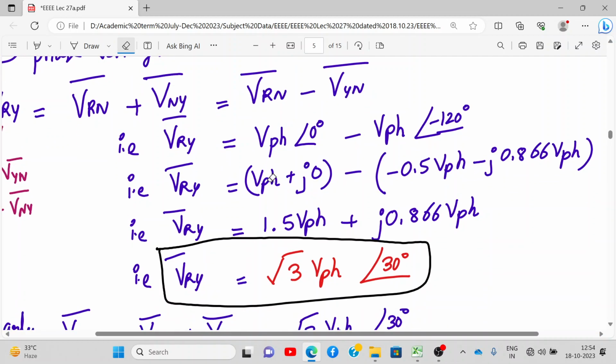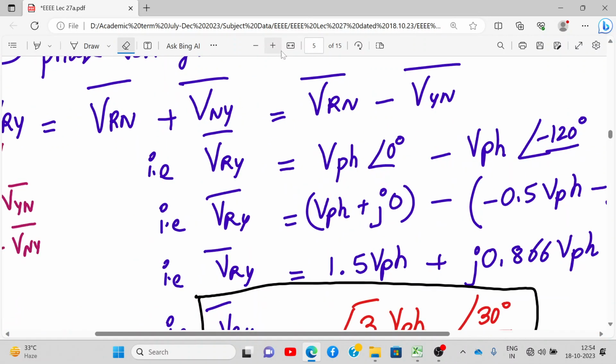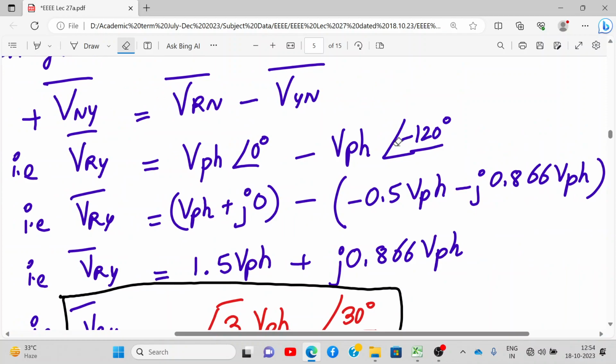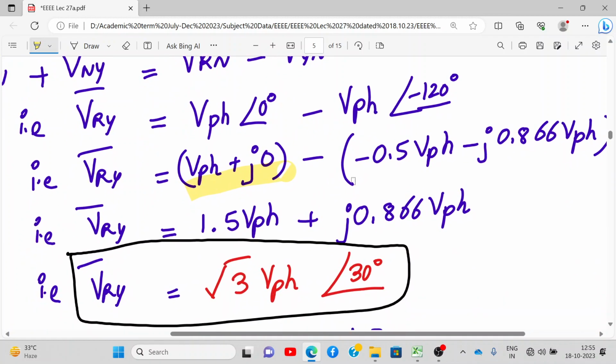So this becomes V phase plus j0, and this, 1 angle minus 120 degrees, becomes minus 0.5 V phase minus j 0.866 V phase. You can check it out. When you add them together, you will have 1.5 V phase plus j 0.866 V phase.